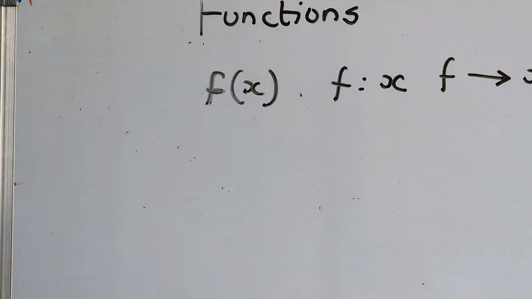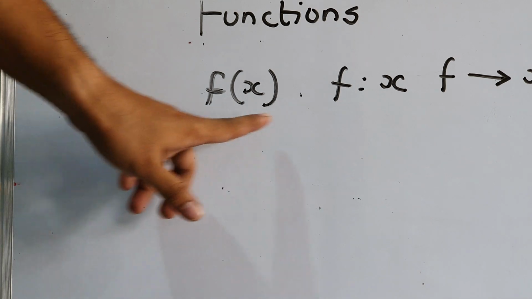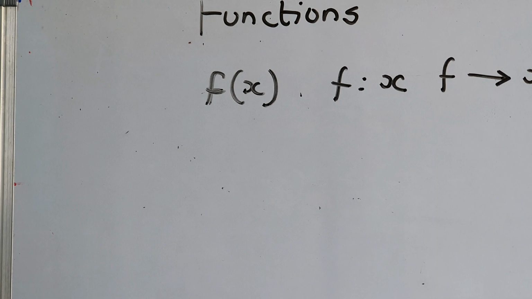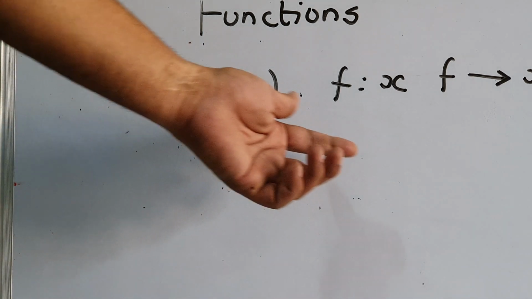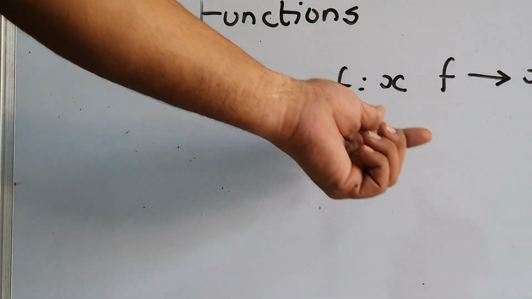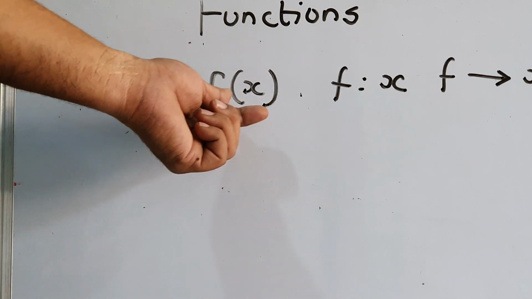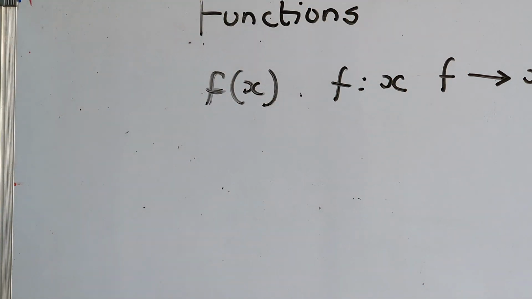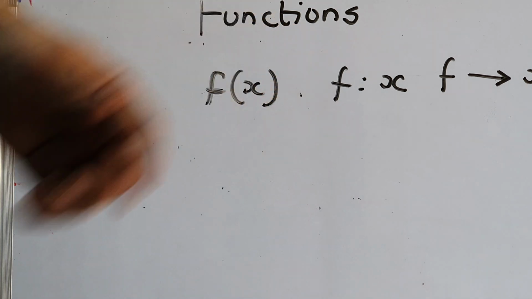These are the three different ways in which I can express a function. They can give you any value, f of 2 or f of 3. So this is the first part of function.